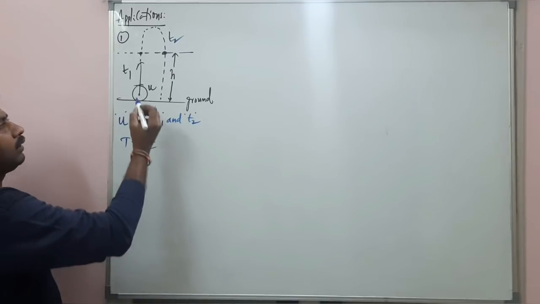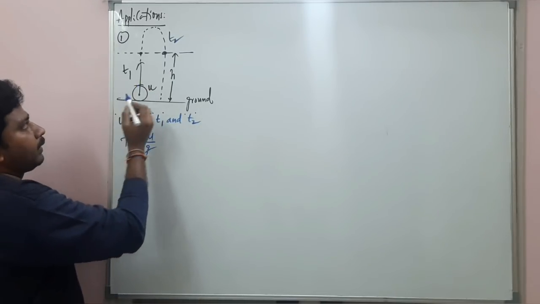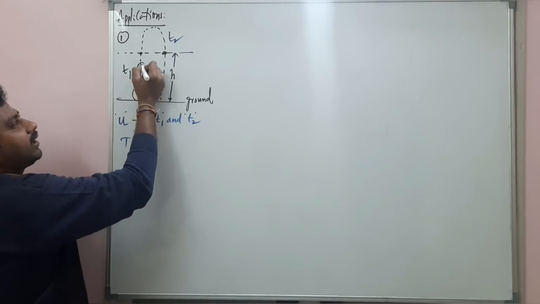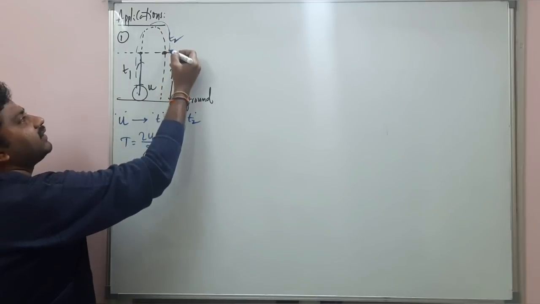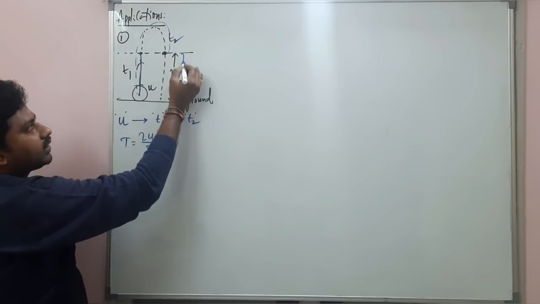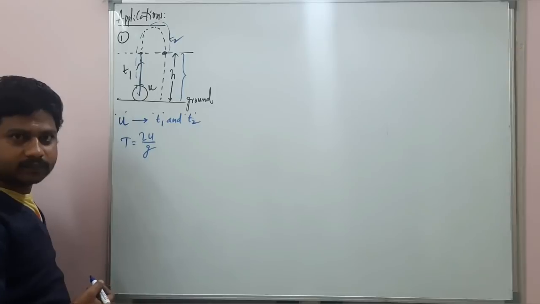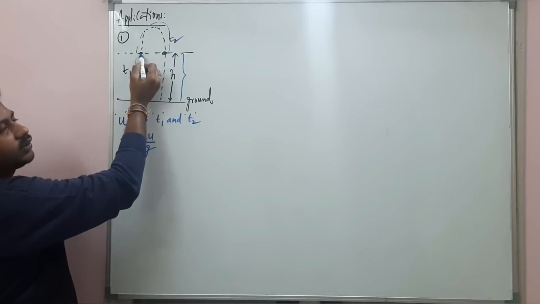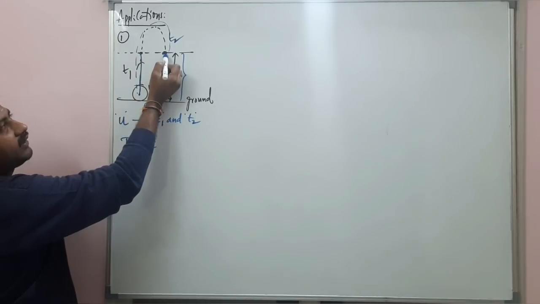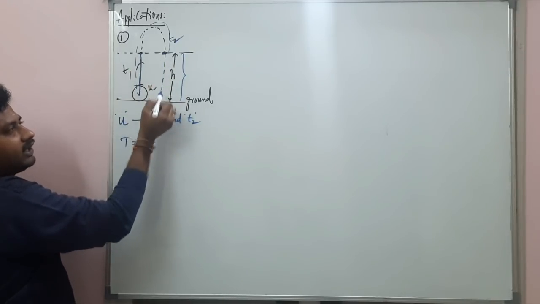Now, carefully see. From here to here the time given is t1, and from here to here it is t2. How much time did it take to reach from here to here? The same time it will take to move from that height to the ground.